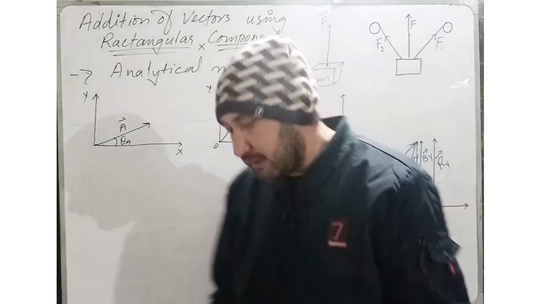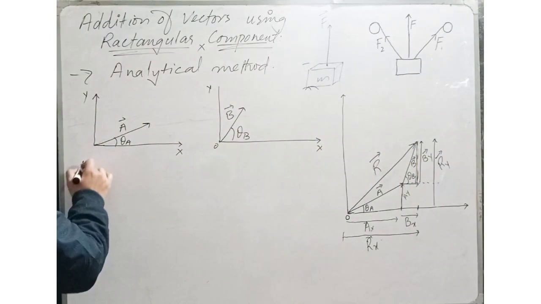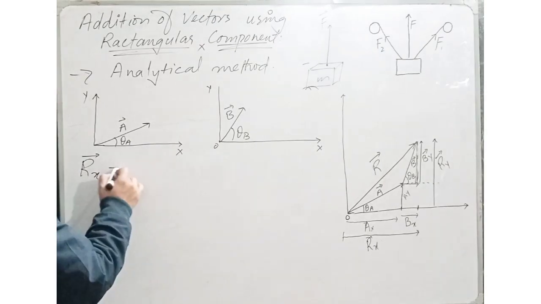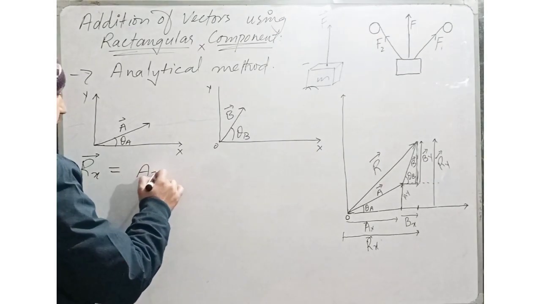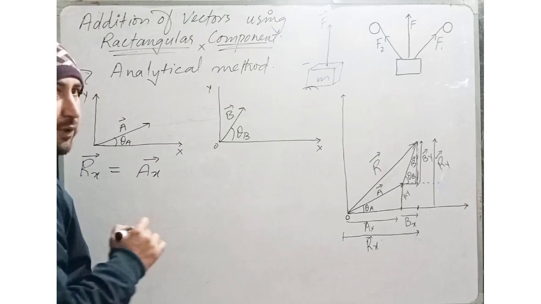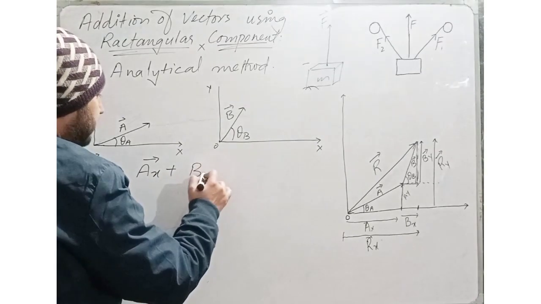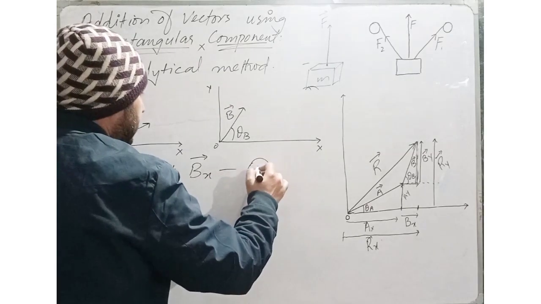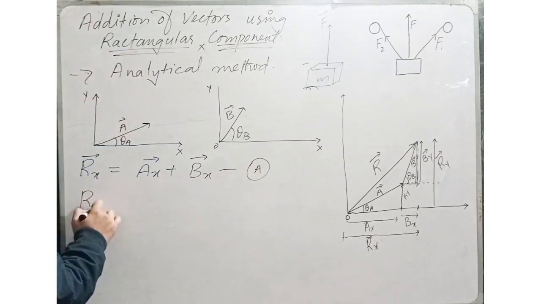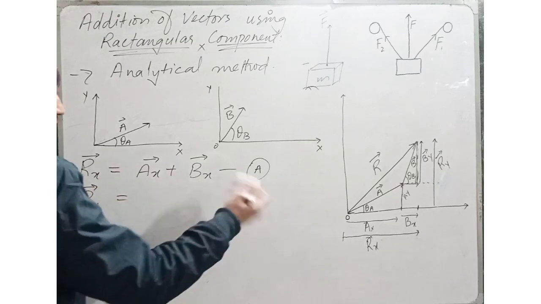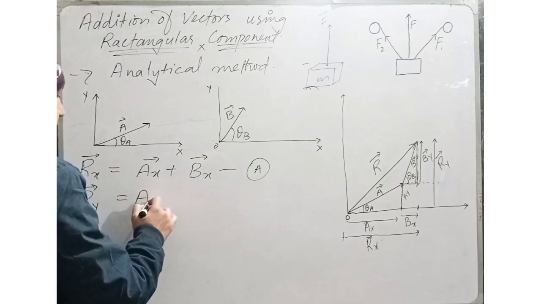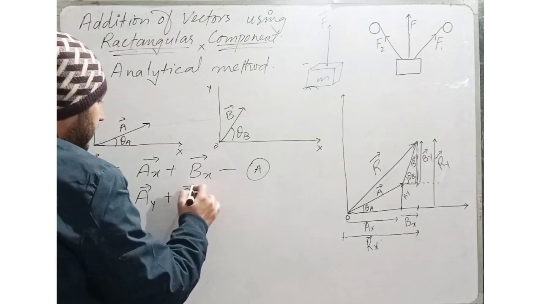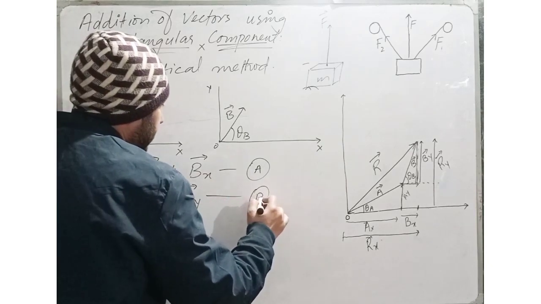So we can write that the resultant component along the x-axis is actually the summation of the x component of A and the x component of B. Let's call this equation A. Similarly, the resultant component along the y-axis is the summation of the y component of A and the y component of B. Let's call this equation B.